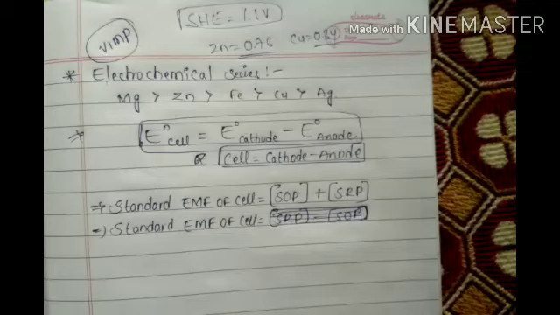Think print mistake or what? One minute. Standard reduction potential of right hand side by standard reduction potential of left hand side. Yeah, this one is better.